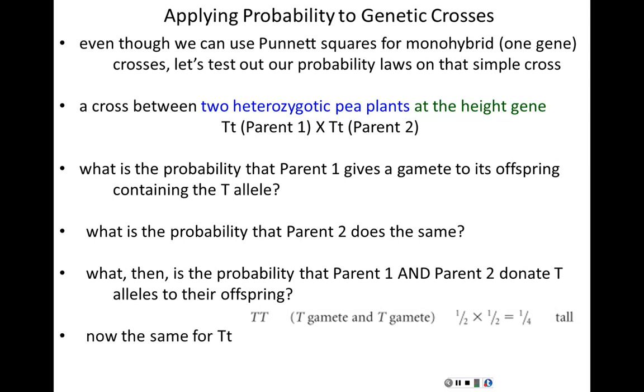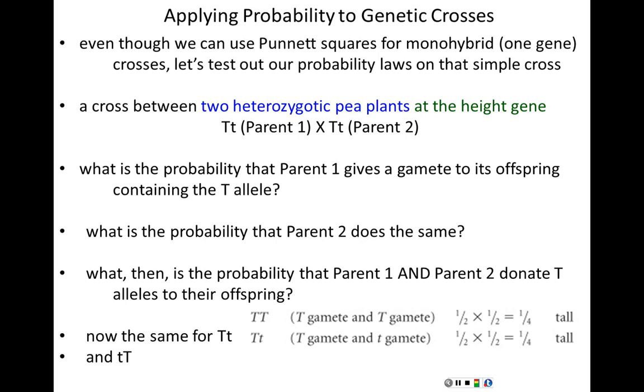Let's do the same for a dominant T, recessive t, where the dominant T comes from parent 1 and the recessive t comes from parent 2. Well, it's still 1/2 for the dominant T from parent 1. It's 1/2 for the recessive t from parent 2 because that's the other alternative the parent had, and we multiply them to give us 1/4.